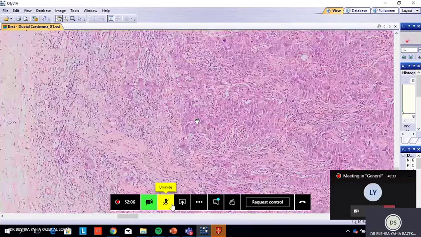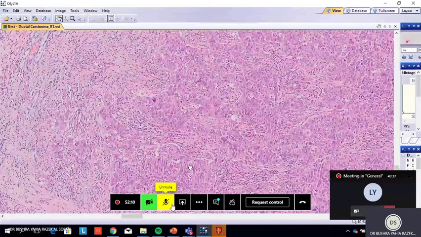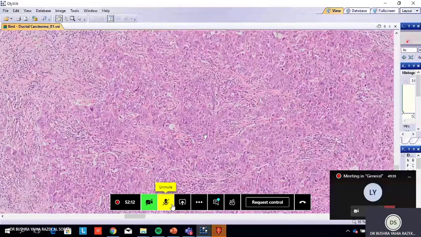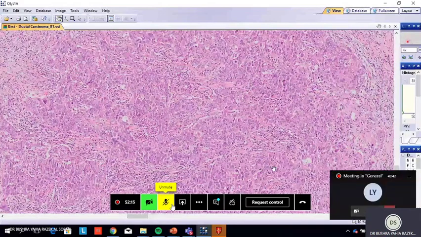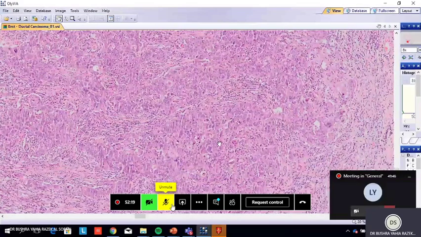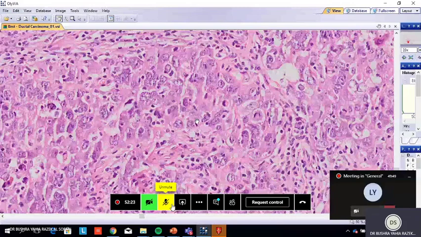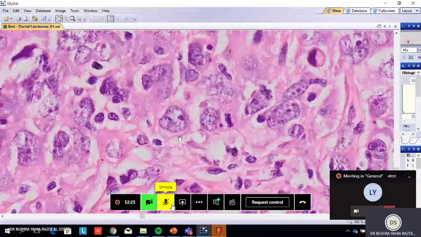Okay, at low power, which area can we choose? This area, okay? I can see a bit of mitosis here. So we can increase the power. See, our power increased, 40. Okay, so we can move here. How many mitoses in this field? I cannot see.